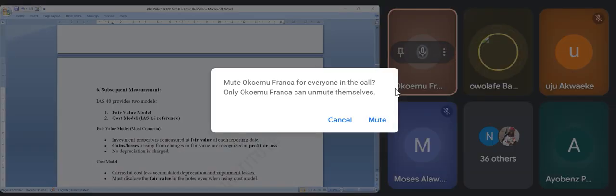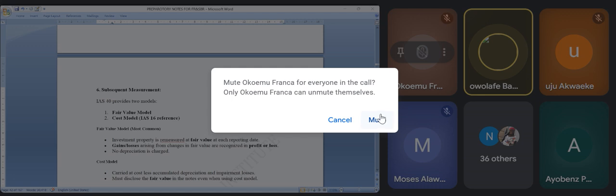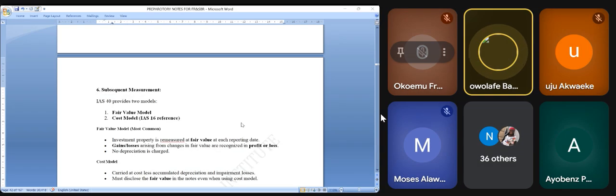Okay. Sorry, before we go forward, sir, I just want to ask a question concerning this abnormal waste. What do you mean by this abnormal waste in the cost that cannot be assigned to the cost of the asset?